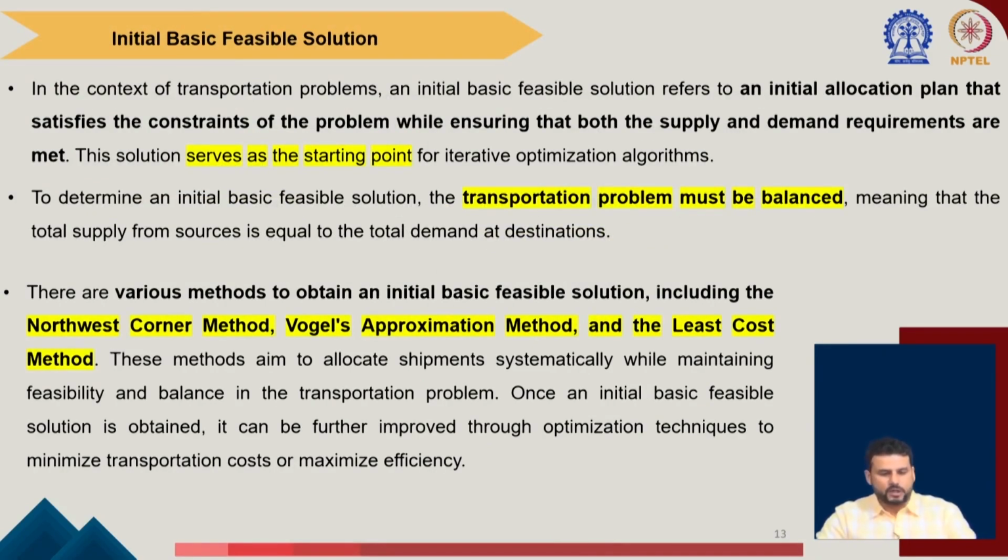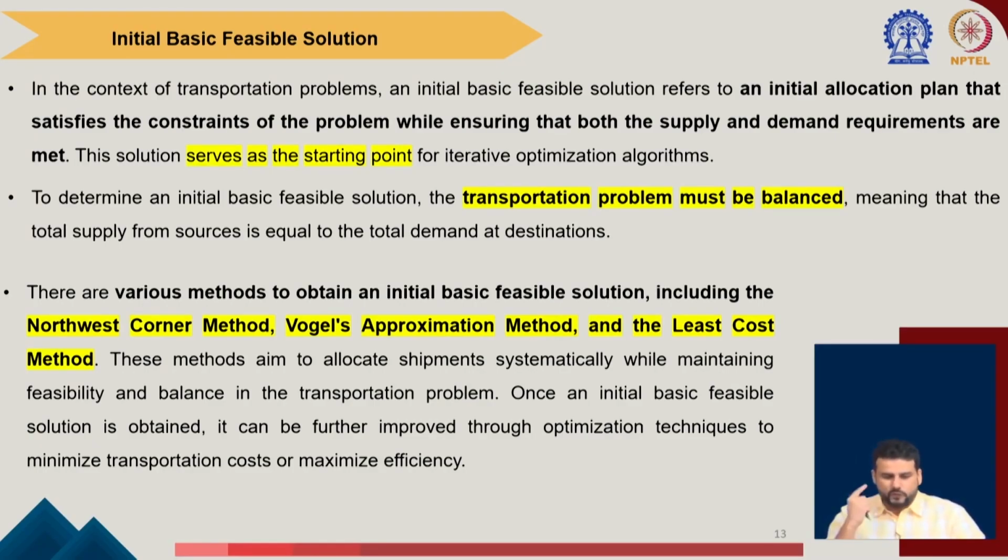So let's explore how we can find out the initial basic feasible solution. This is the solution that satisfies the supply and demand constraints of the problem, while ensuring that both the supply and demand requirements are met, right? So this solution will serve as the initial point from where you will go for the optimal solution.